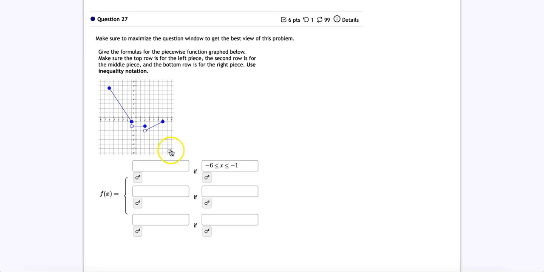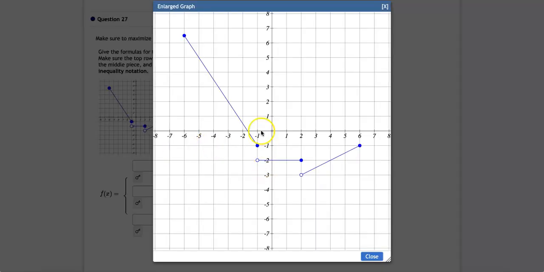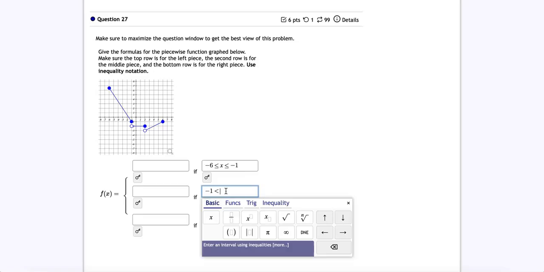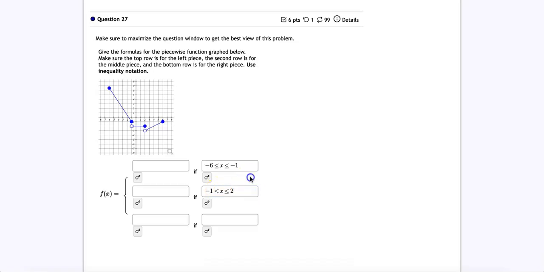And then I look at the next chunk, and the next chunk is going from -1 to +2. -1 has an open circle, 2 has a closed circle. So I represent the open circle with a strict inequality and the closed circle with less than or equal to.